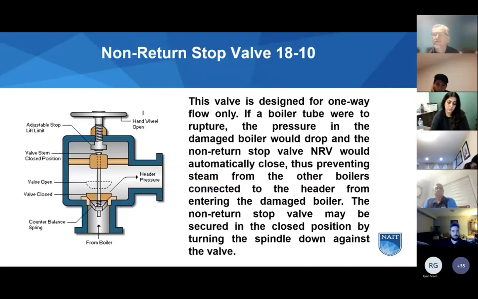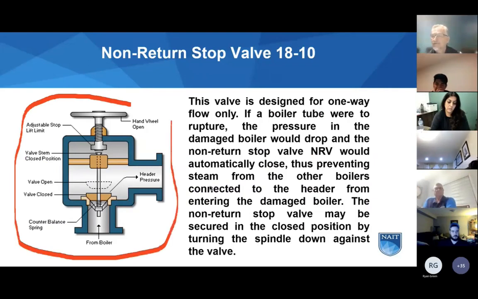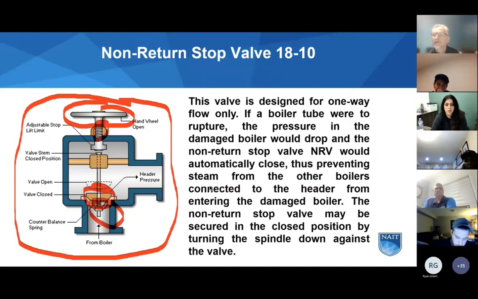Non-return stop valve. So on top of most boilers, you're going to see something that is a combination check valve and manual valve with a hand wheel and a stem and a disc and a seat. Before starting up a boiler, this valve would be, hand wheel would be cranked down, this valve would be shut.